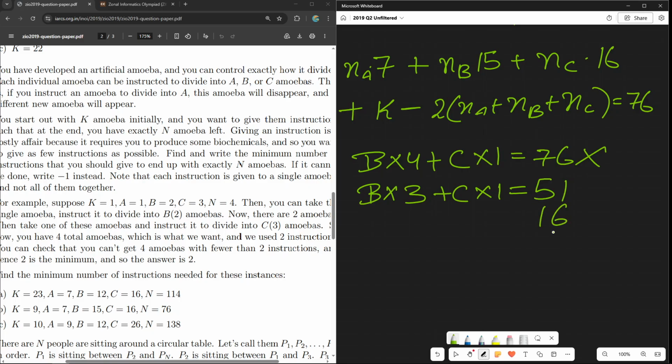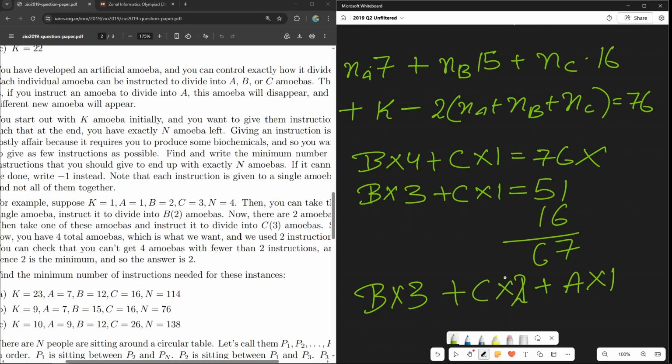If we add 16 to this, how much do we get? 67. So b into 3 plus c into 2 plus a into 1 equals 67. How many did we use? K is 9, 3, 2, 1, we use 6.